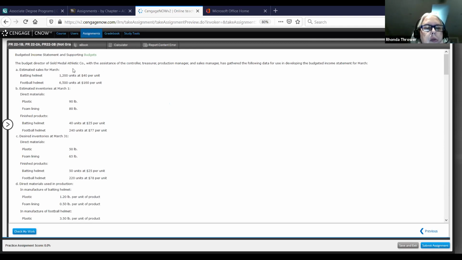For this company, we're going to be the Gold Medal Athletic Company. We're going to prepare a sales budget first from the information that they've given to us. We're a company that is selling both batting helmets and football helmets. We have estimated the sales for March to be 1,200 batting helmets, which we're going to sell for $40 per unit.